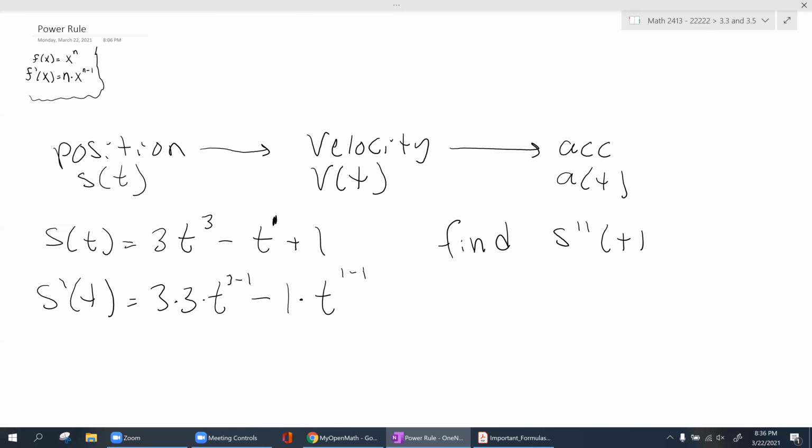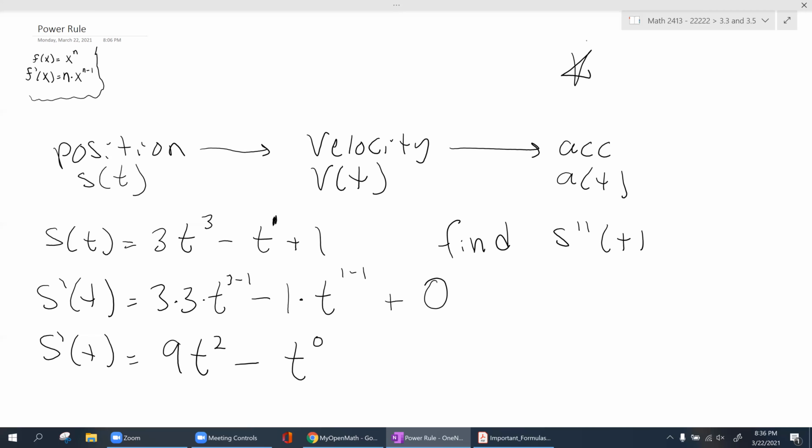Let's not get scared there, that's just 1 minus 1. Plus, what's the derivative of a constant? 0. So s prime is 9t squared minus t raised to the 0.